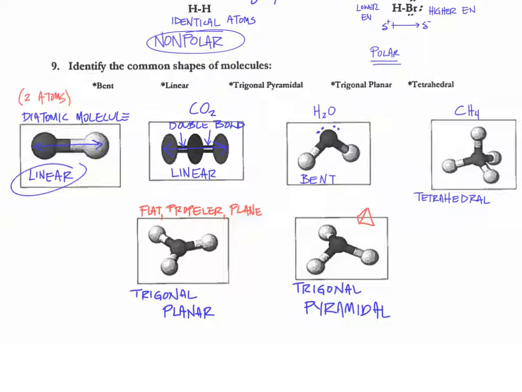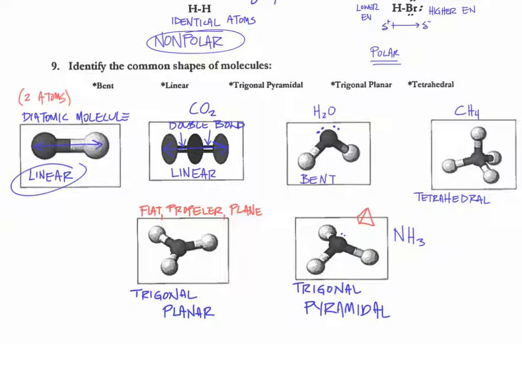One other thing, the trigonal pyramidal, this one has, and I didn't draw them, I should have, a lone pair here on the end. So an example of this molecule would be ammonia, NH3.